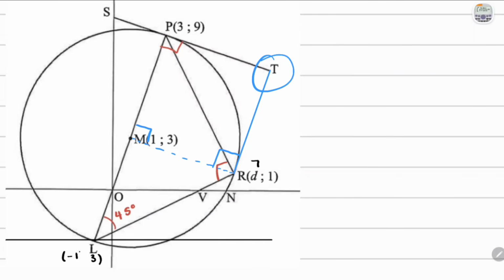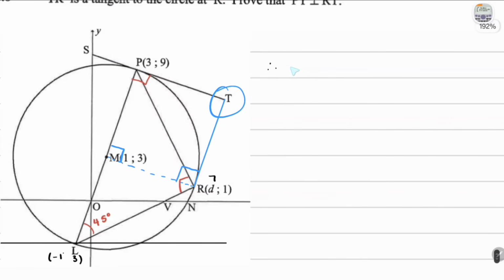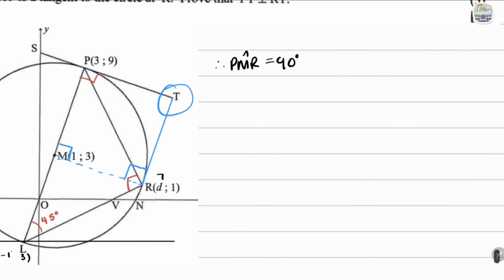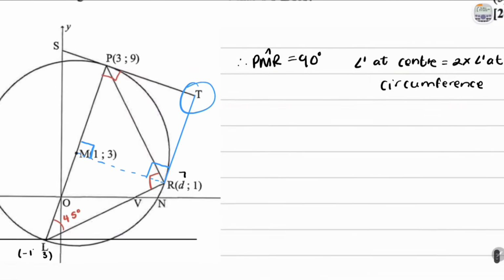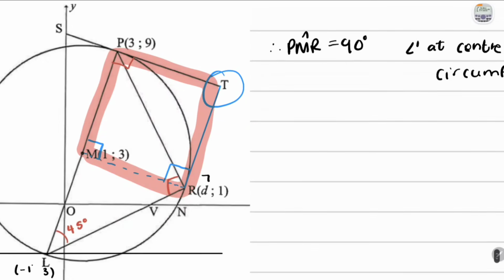If this is 90 degrees over here, we can actually just tell them that angle PMR is going to be equal to 90 degrees. If you like, you can tell them because of angle at center being equal to twice the angle at the circumference. So if that is the case, then you see that this is a quadrilateral. So all the angles need to add up to 360 degrees.